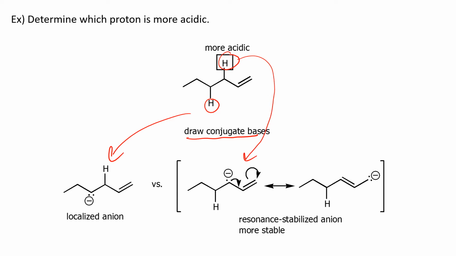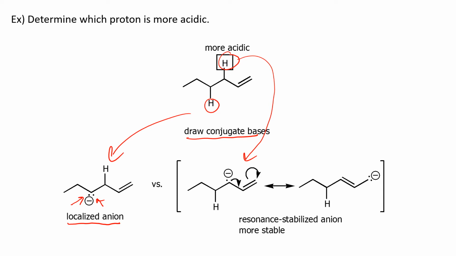All right, so if you notice, we have a negative formal charge on both carbon atoms, so we can't use the atom argument. We move next to resonance. So if we look here, there aren't any of our resonance patterns. That's a localized anion. There are no resonance patterns here. So removing this proton to give the following conjugate base will not result in any resonance structures.